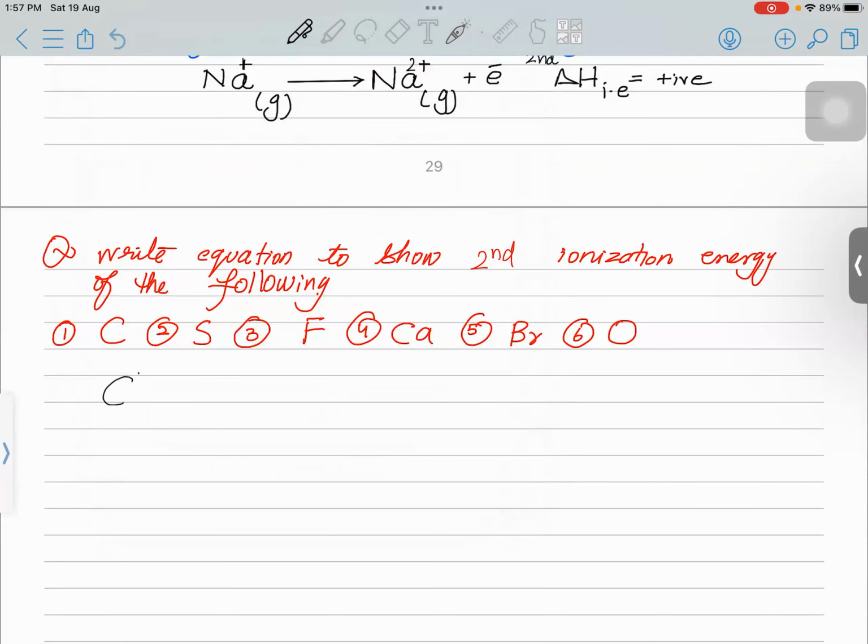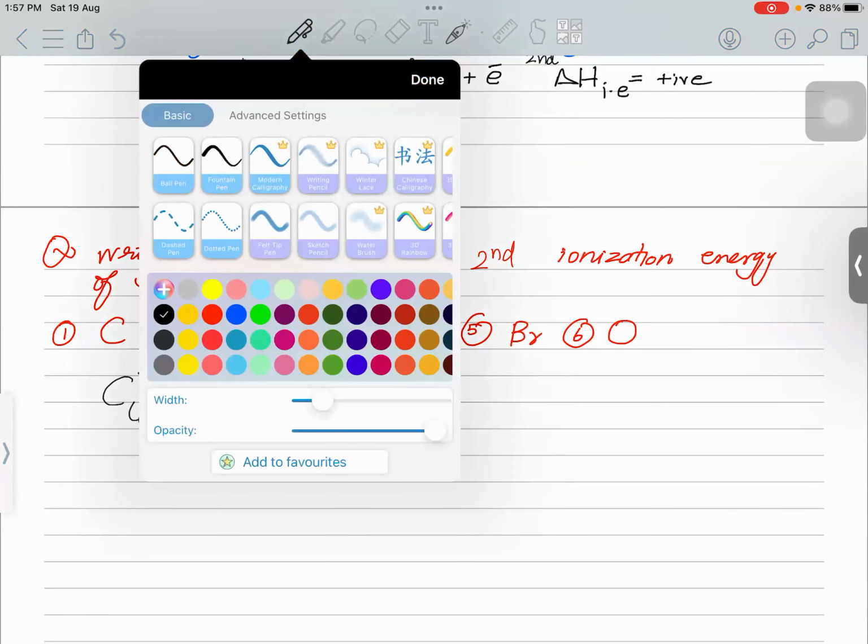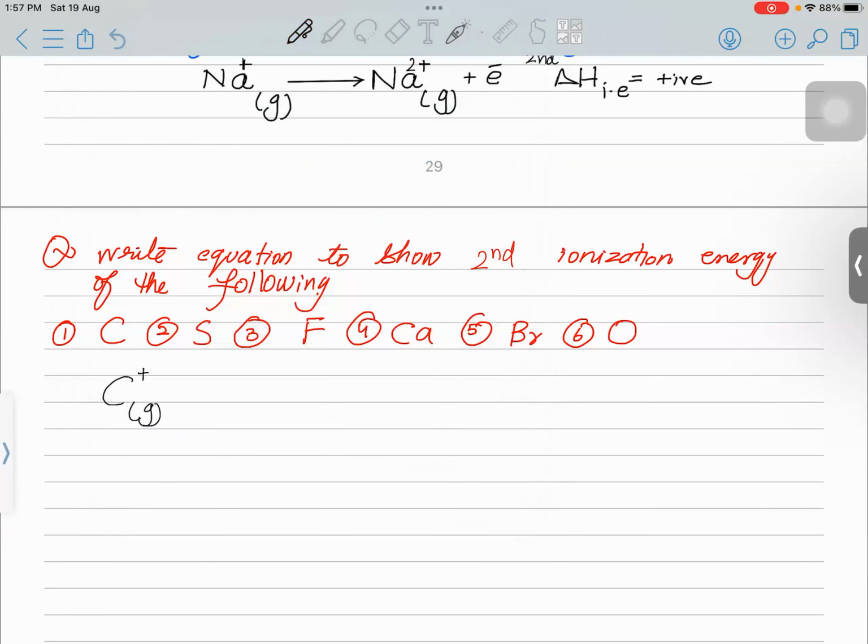So carbon positive gaseous converts into carbon plus 2 gaseous plus electron. This is second ionization energy because carbon changes from plus 1 to plus 2. Both species should be in gaseous state. Mohammed, are you getting my point?